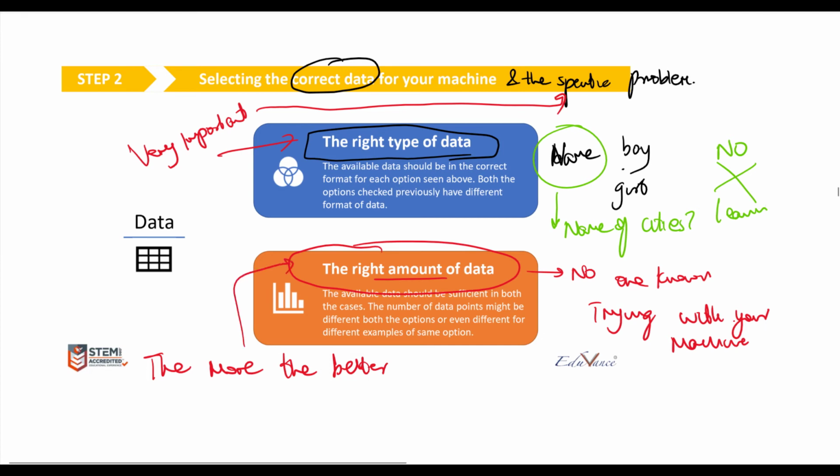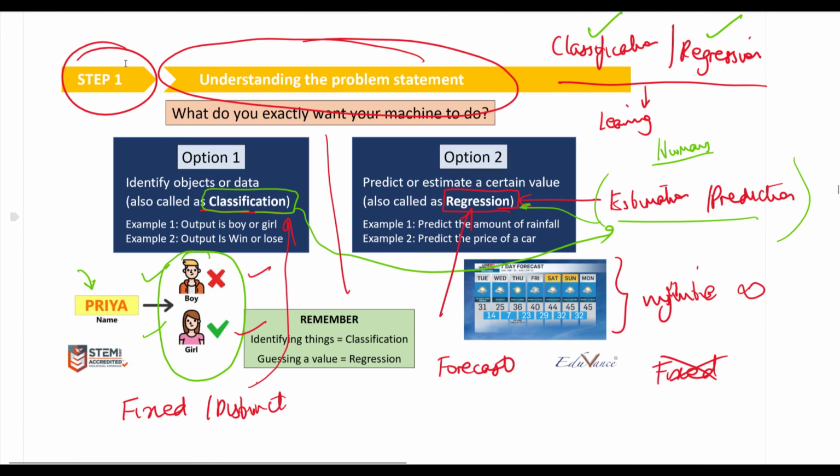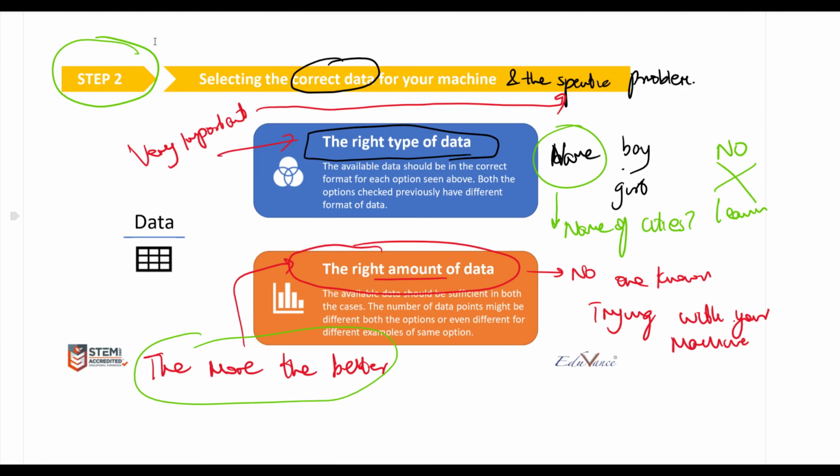My answer would be the more, the better. Okay. So step number 2 is selecting the correct data for your machine, where we are looking at the right type of data and the right amount of data.